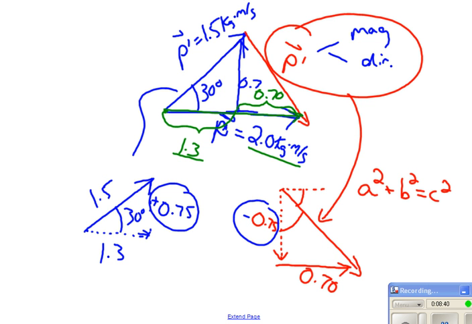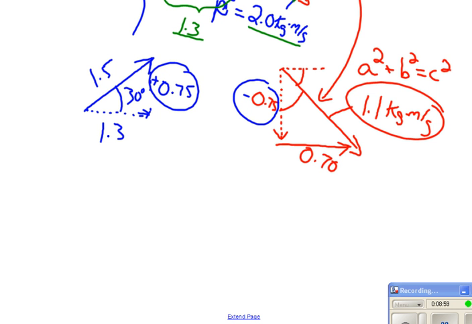I'm going to skip to the answer right now, and you can check my math and do it for yourself. But I think that the answer is this. In terms of magnitude, 1.1 kilograms times meters per second. In terms of direction, I find this angle to be 43 degrees, which would mean this angle is about 47 degrees.